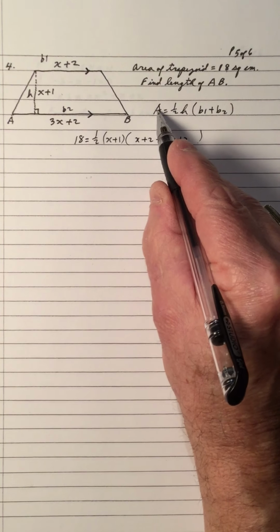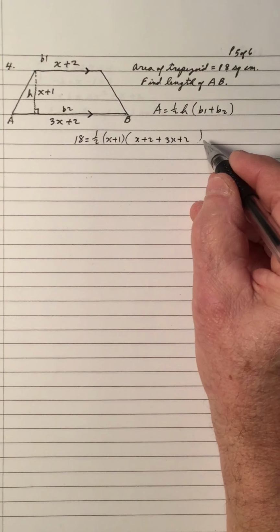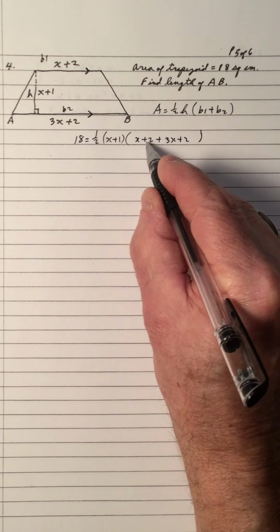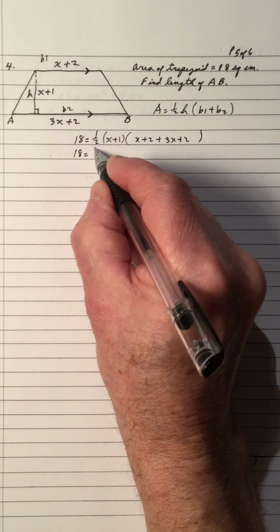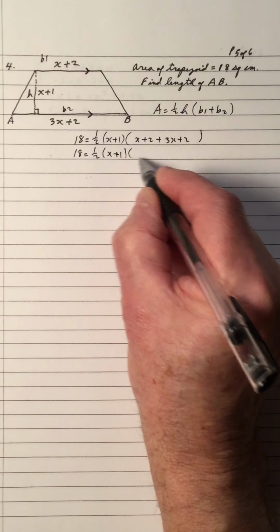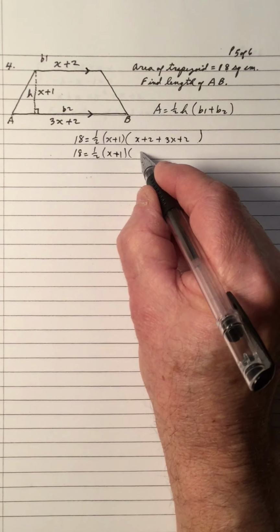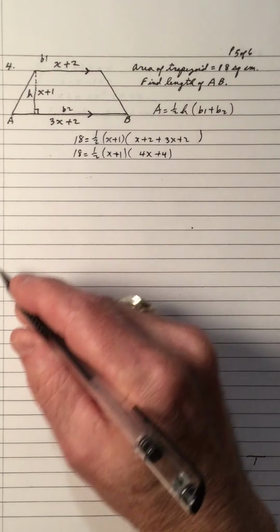So in this formula, I filled in the area as 18, the height as x plus 1, and the two bases, one is there and the other one's there, I'm adding them. So I'm going to simplify inside the brackets first by PEMDAS. So x plus 3x is 4x, 2 plus 2 is 4, so that's simplified.